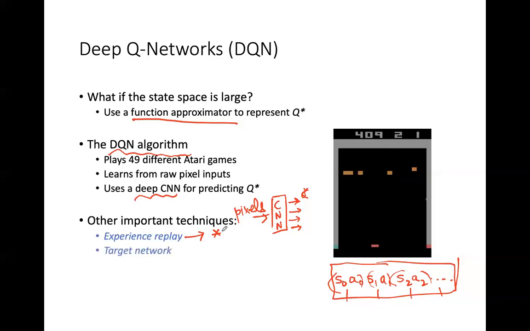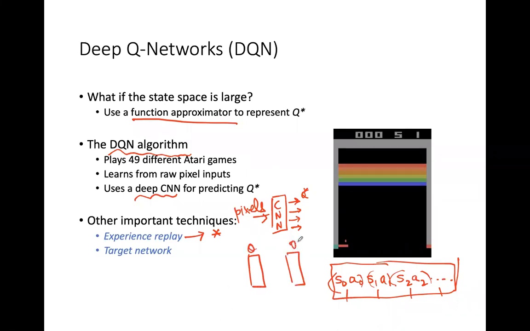The other important trick was the use of a target network. So the idea here is you don't maintain one neural net, but actually you maintain two, right? And we'll call this one theta and this one theta prime. So we have two neural networks, right? So the idea being that we will collect experience using this neural network.